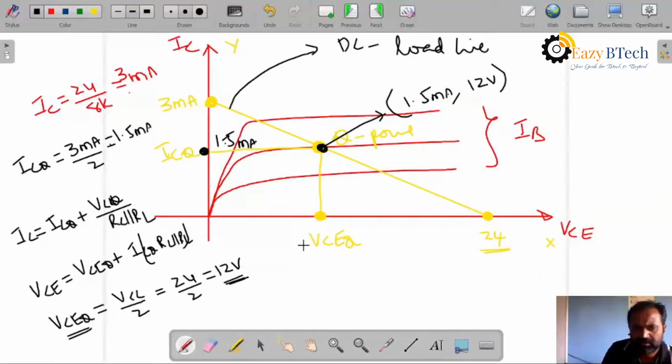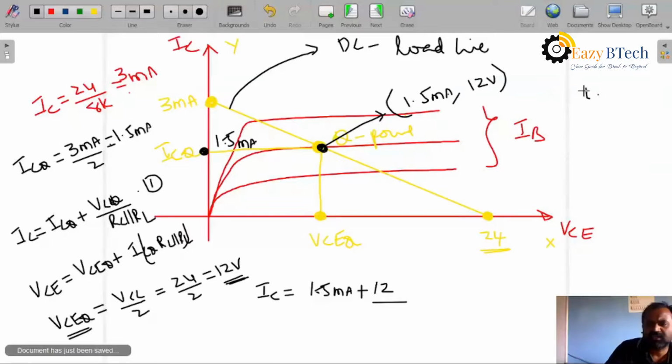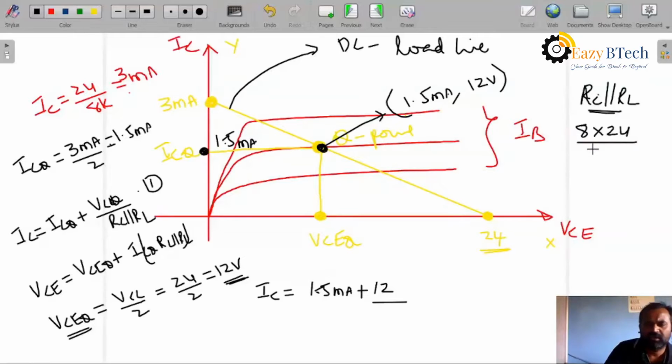Similarly, using the formula, IC is equal to ICQ, which is 1.5 milliampere, plus VCEQ, that is 12, by RC parallel to RL. Now what is the value of RC? 8 kilo. RL is 24. So 8 times 24 by 8 plus 24.